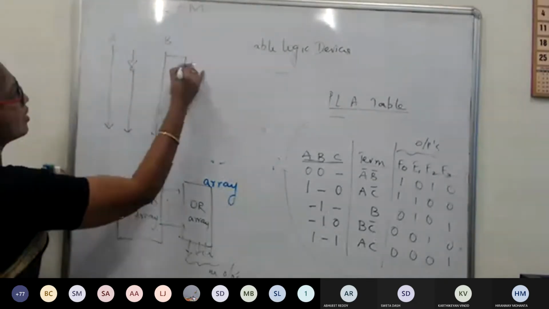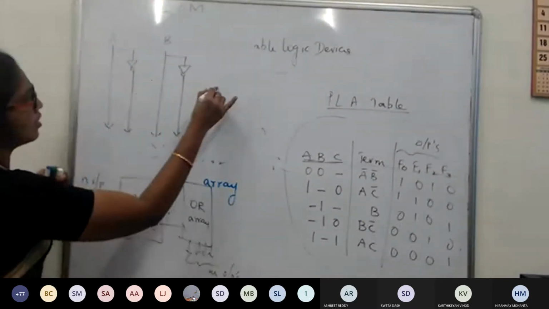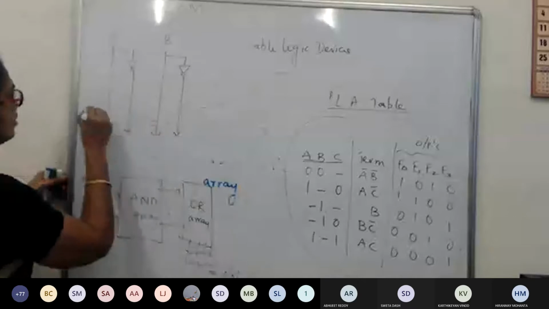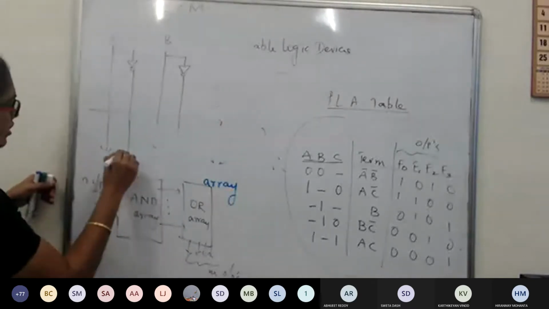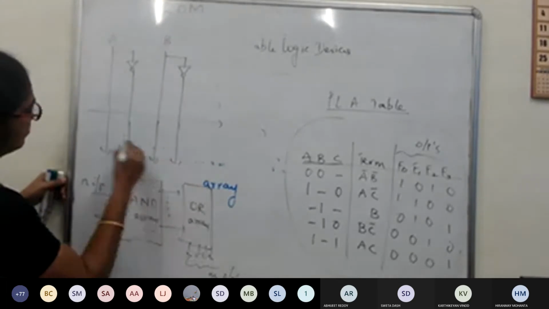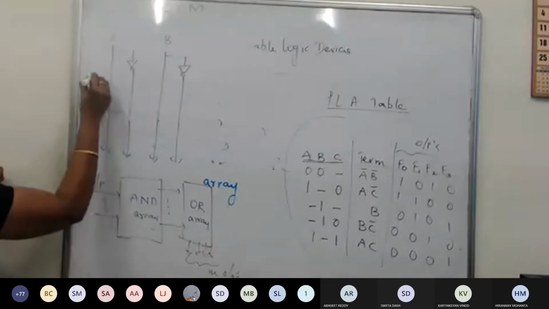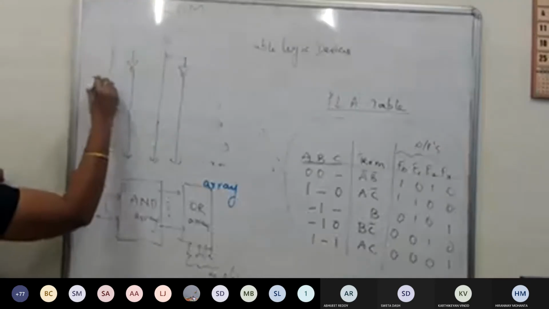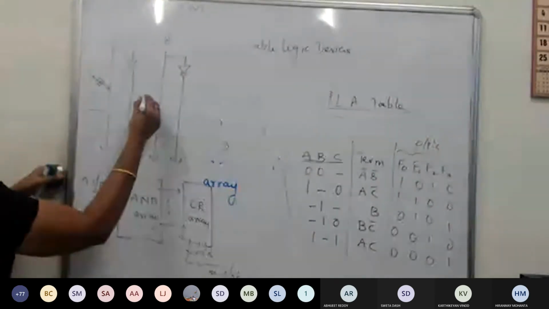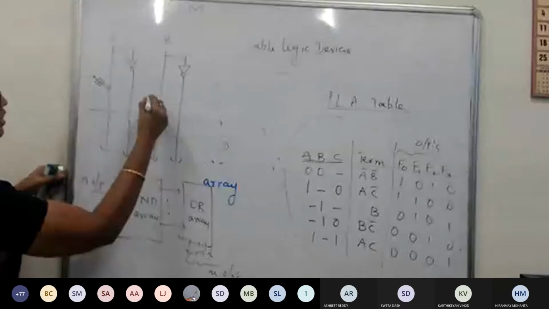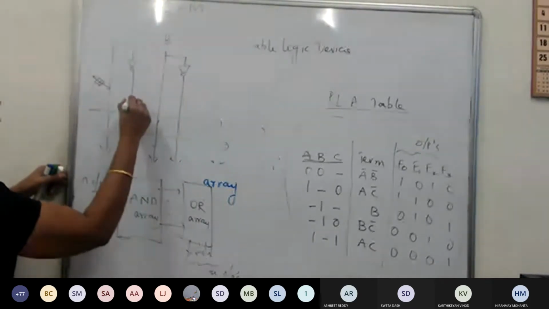Okay. Now, still further I will increase. I have lines. If I have a switch already. Okay, this one is there. From here.